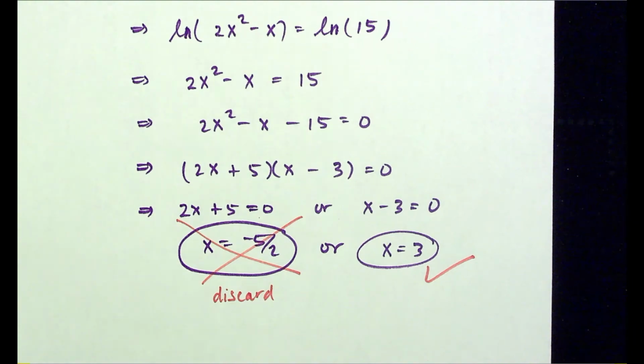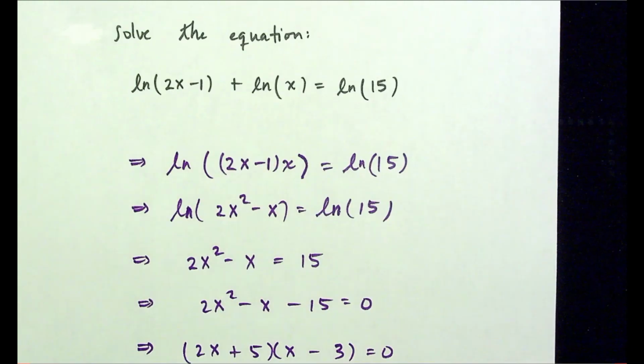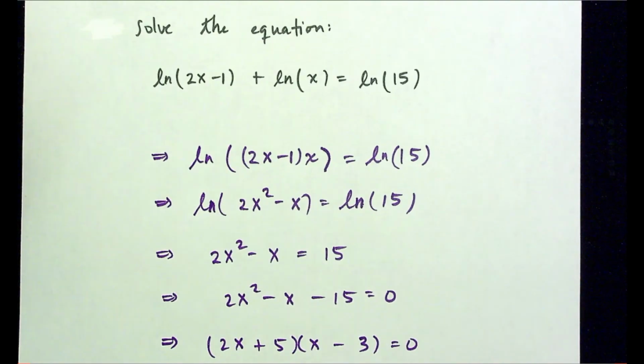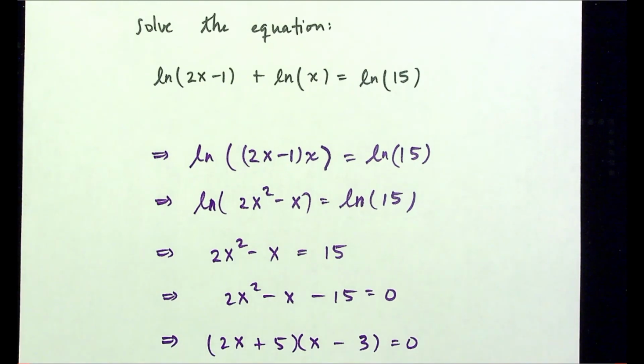Now, as I said, there's another way of doing this one, and that is to just combine all 3 logarithms on the left-hand side of the equation and use the diagram to decode this.